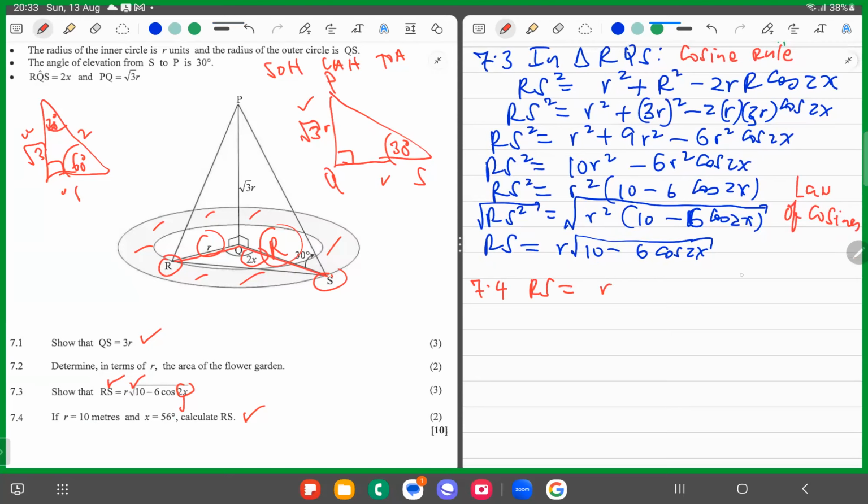RS is R into the square root of 10 minus 6 cosine 2x, which means RS. We know that R is 10, so just do substitution: 10 minus 6 cosine of 2x, where x is 56 degrees.